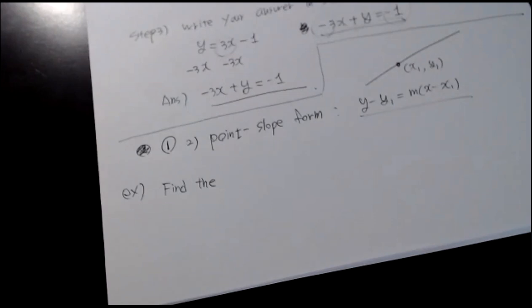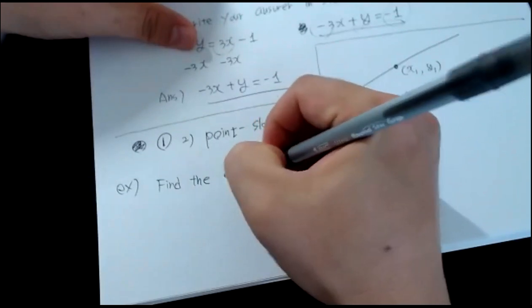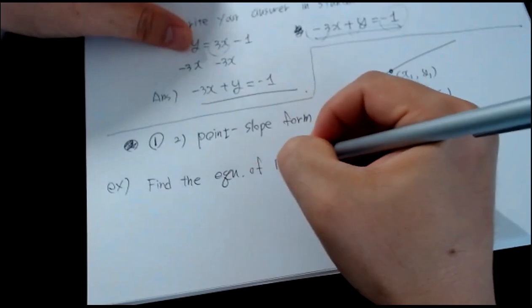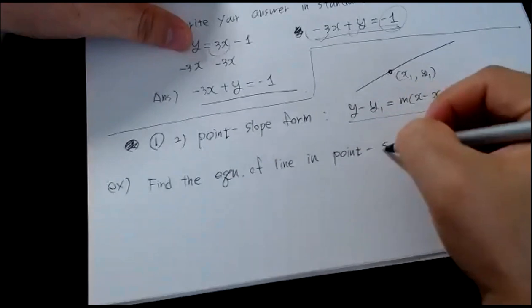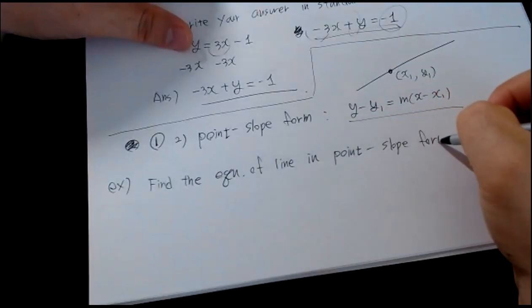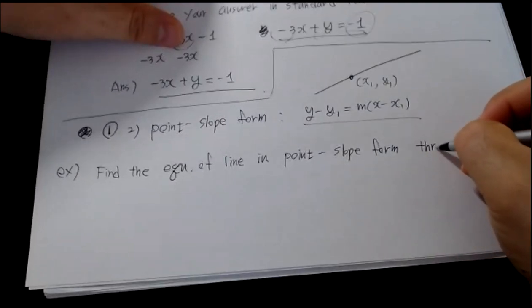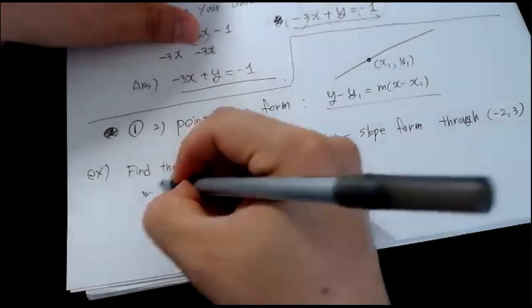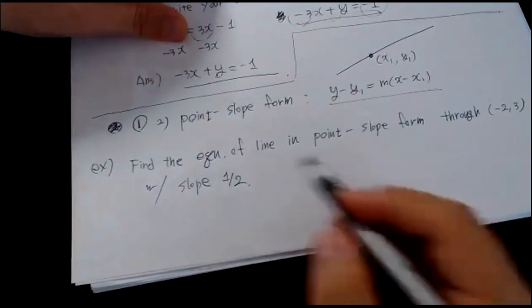I'm going to find the equation of a line in point-slope form. So: find the equation of the line in point-slope form through -2, and with slope of 1/2. Okay. So the slope is given.